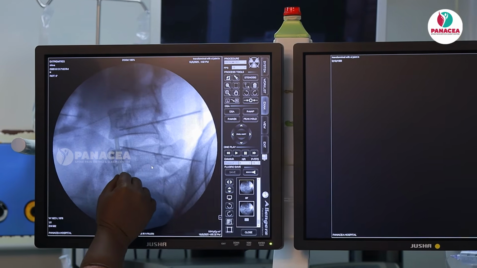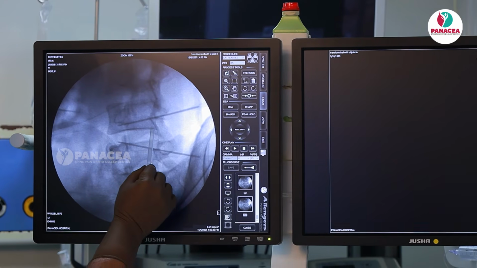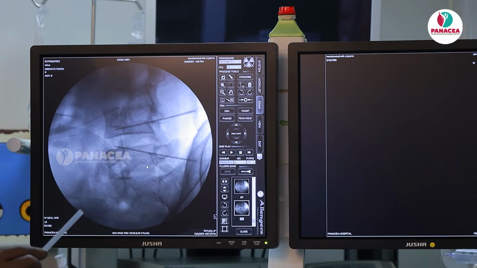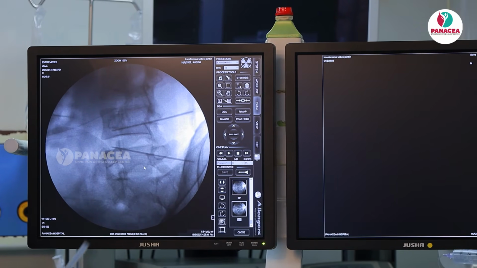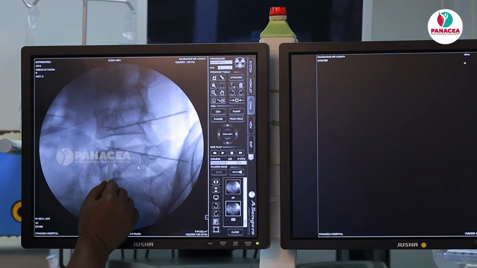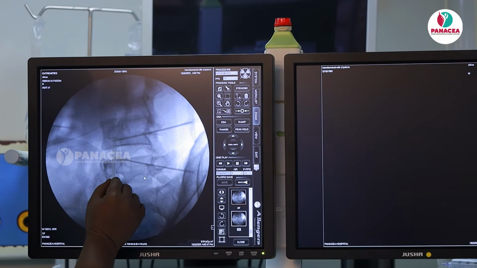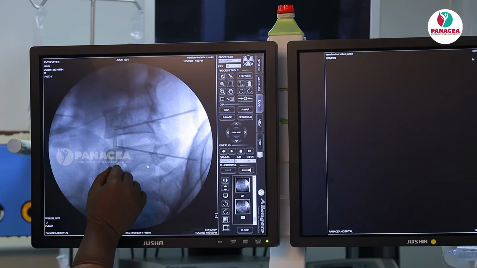You see the end plate is squared and the spinous process is pushed to the opposite side, so we no more require more than 30 degrees or less than 30 degrees because it is already pushed. And you see the tip of the SAP is sitting exactly at 6 o'clock of the pedicle above.